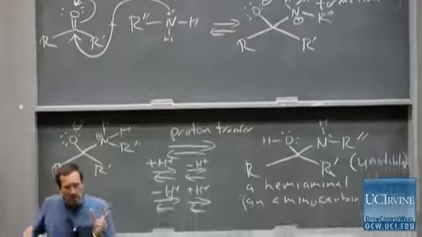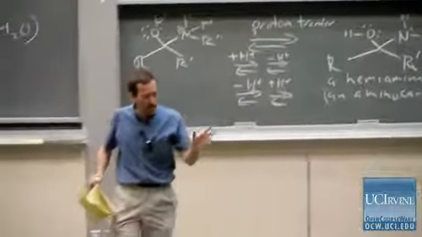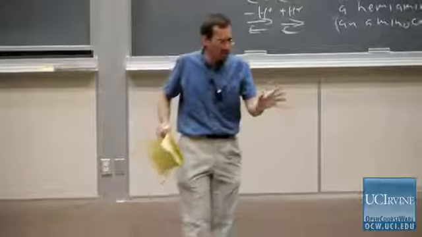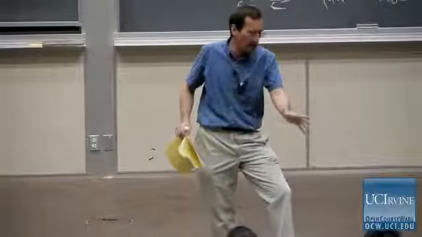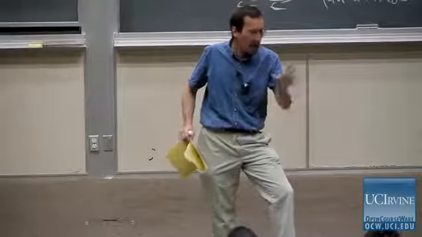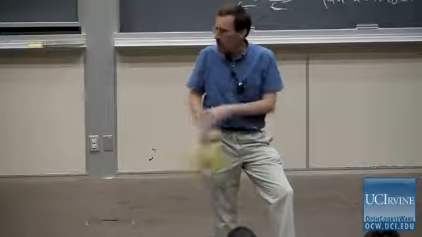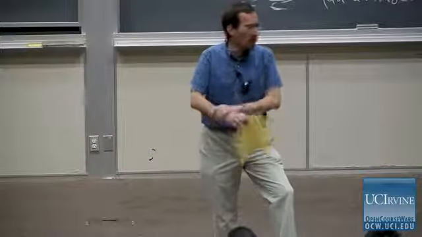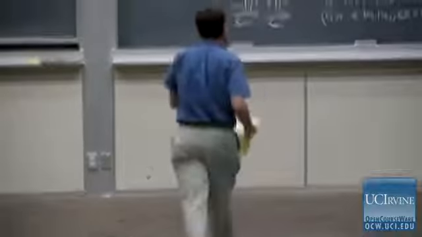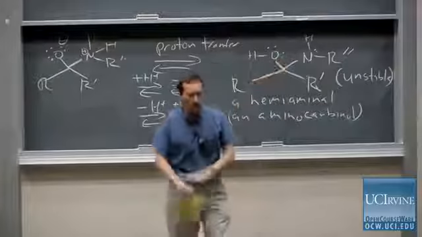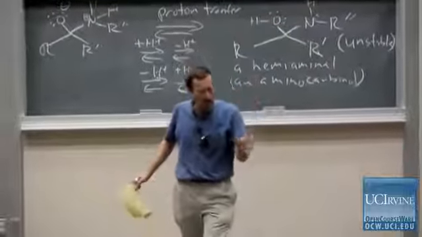And what causes me real consternation, the mechanism I'm giving you is the best one for this reaction catalyzed by mild acid. However, it's the one that most closely accords to experiment for the rate determining step being the breakdown of the hemiaminal, which we will see in just a moment.